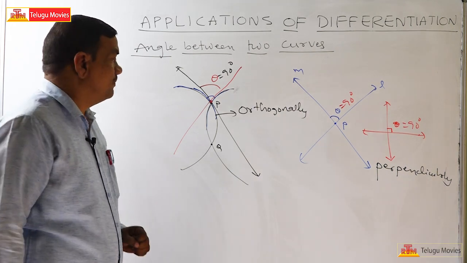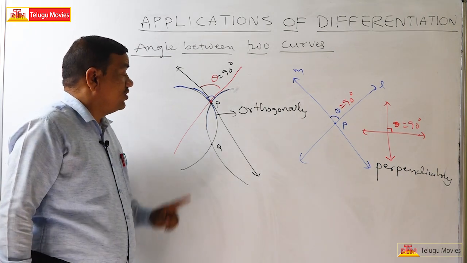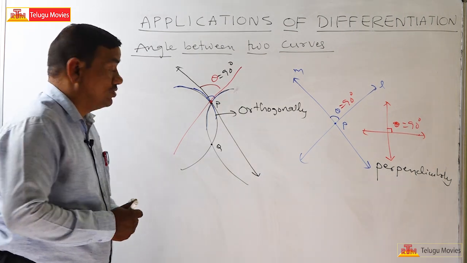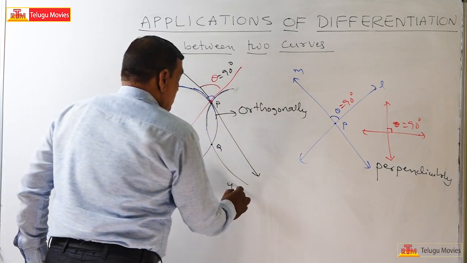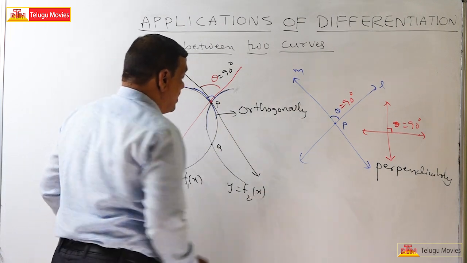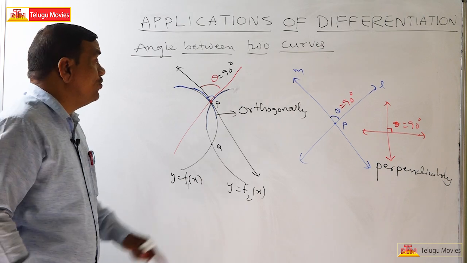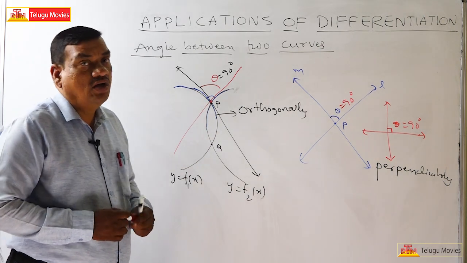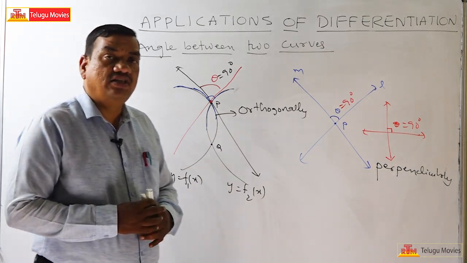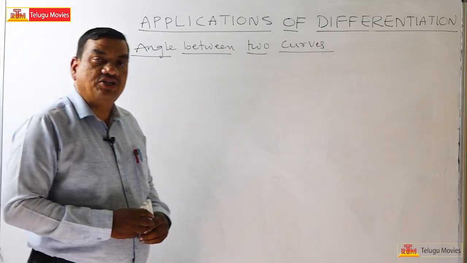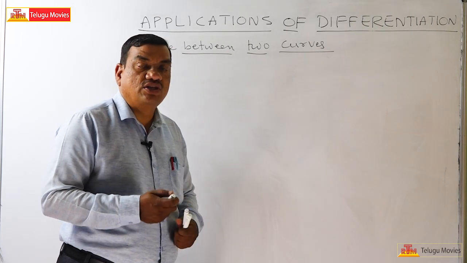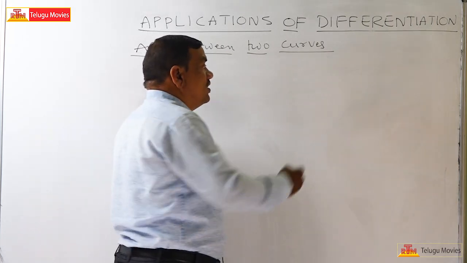Now, given the equations of two curves, the equation of the first curve is f1(x) and the equation of the second curve is f2(x). Then how to find the angle between the two curves? Let us see the formula. Let us go back to the chapter on straight lines.